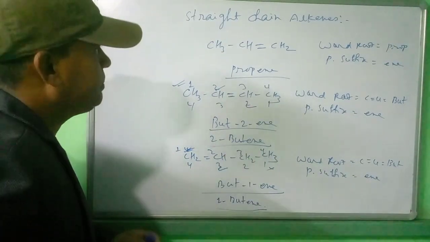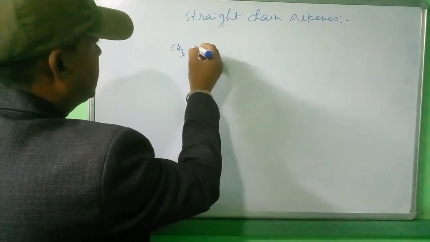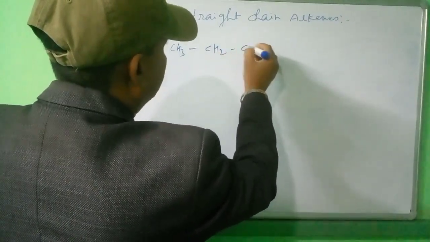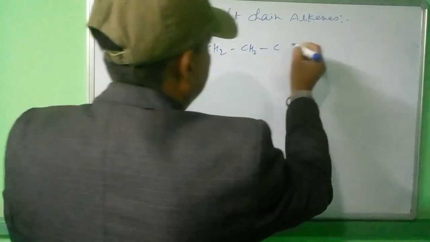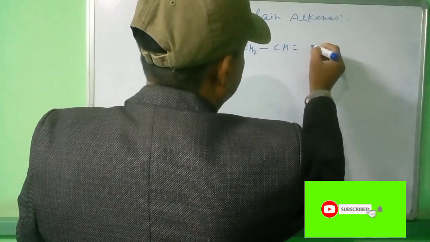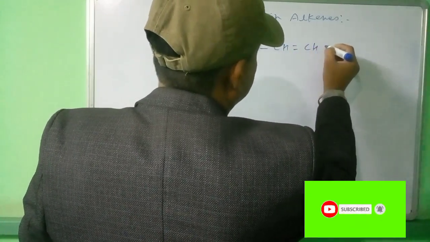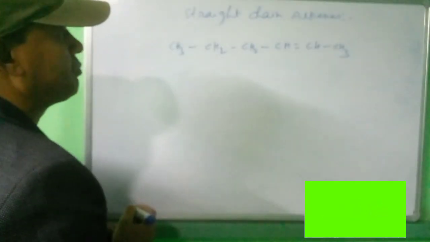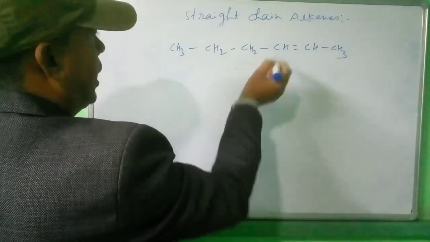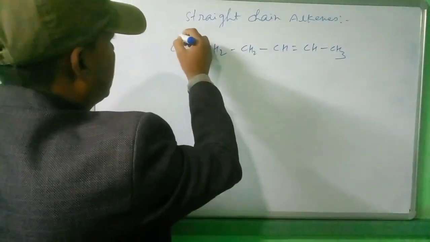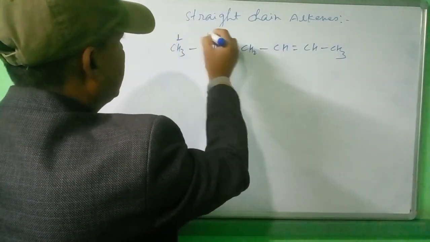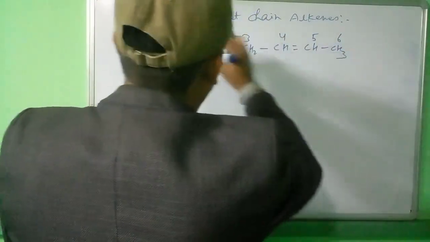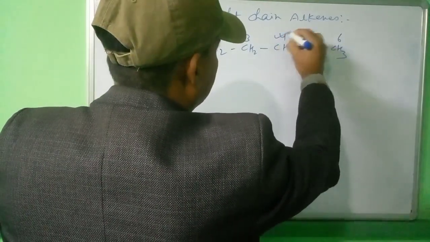Now in the next example, suppose your compound is this: CH3 CH2 CH2 CH double bond CH and CH3. Just a simple compound. Give the numbering of the carbon atoms 1, 2, 3, 4, 5, 6. Left to right, the double bond is at the fourth carbon.